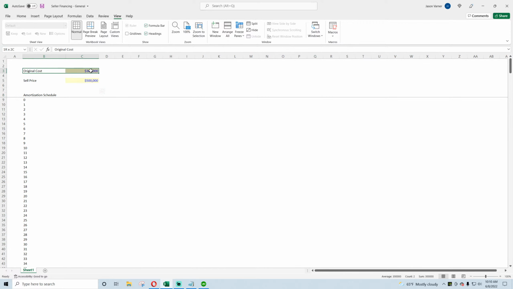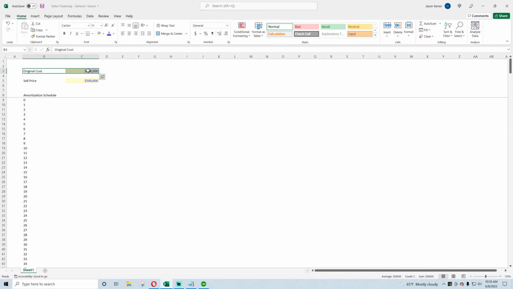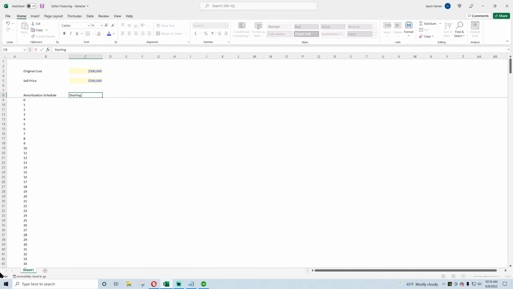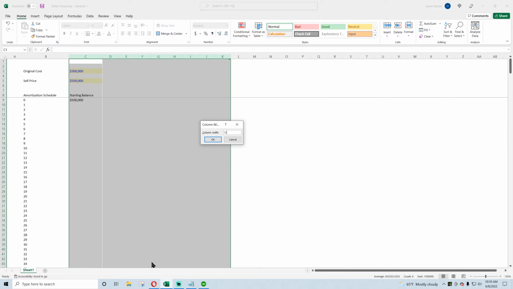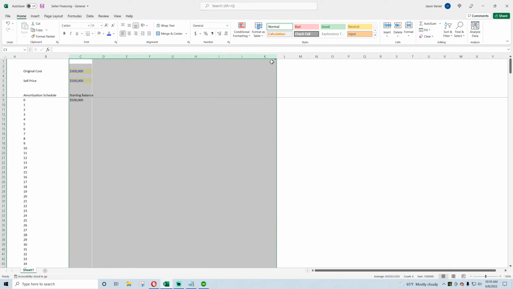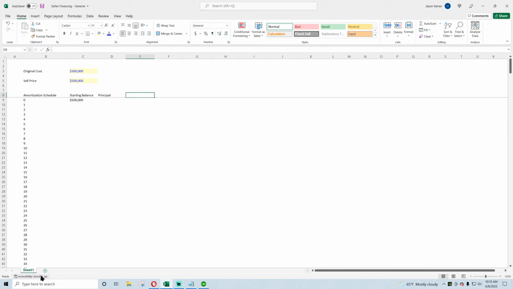My cost base is 300,000. Let's look at starting balance. Starting balance, and then I want to put principal, interest.